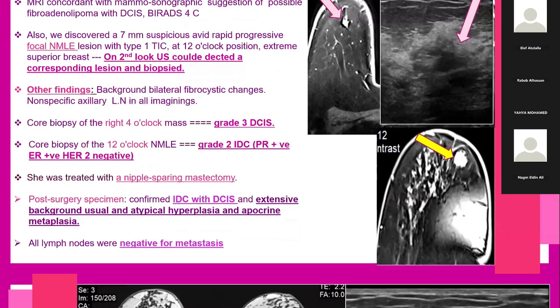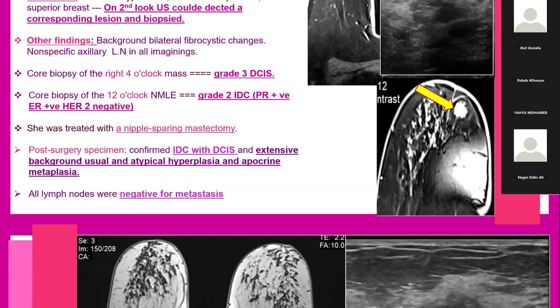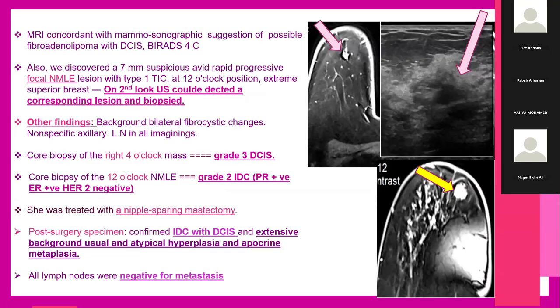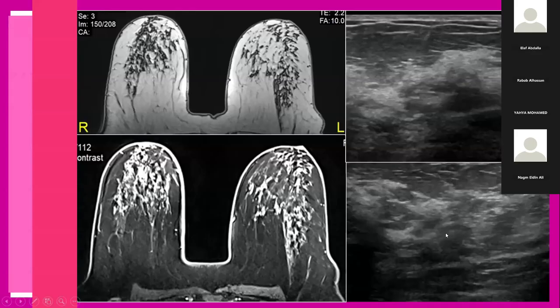The next case here, no, this is the same patient, just to show how the parenchyma was coarse on the mammogram. In ultrasound, it was also complex with patchy hypoechoic areas and excessive shadowing.